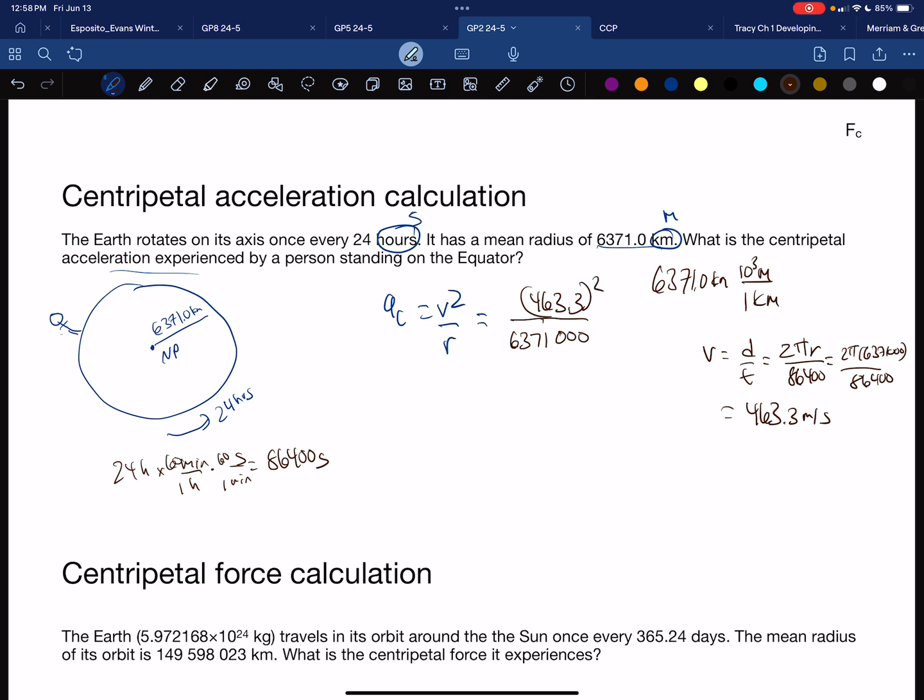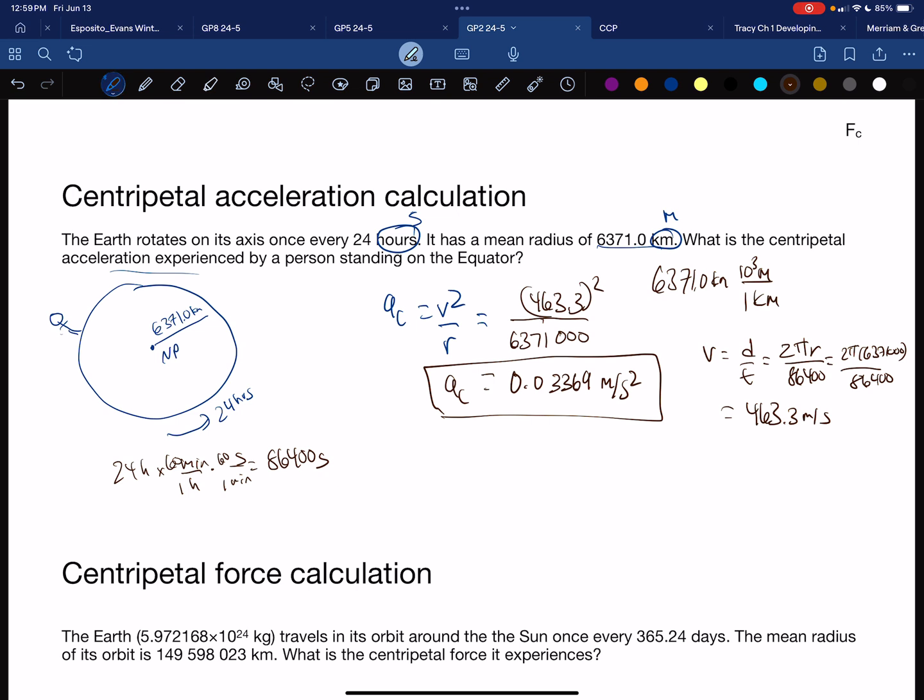So 463.3 squared, and then we divide that by 6,371,000. And we get 0.03369 meters per second squared. Now, this is a very small number. It's basically only 3 centimeters per second every second. It's very slow.